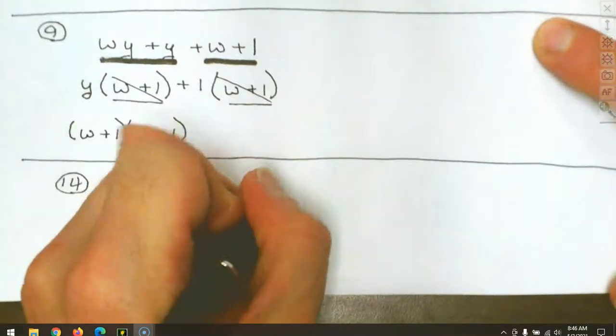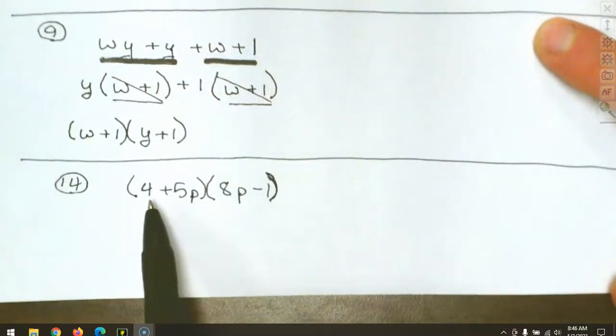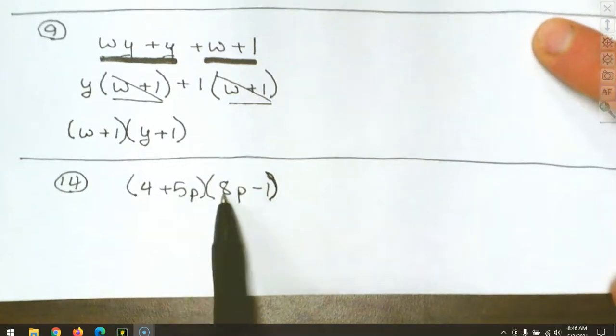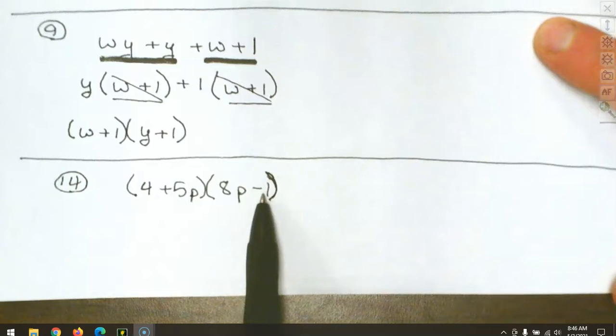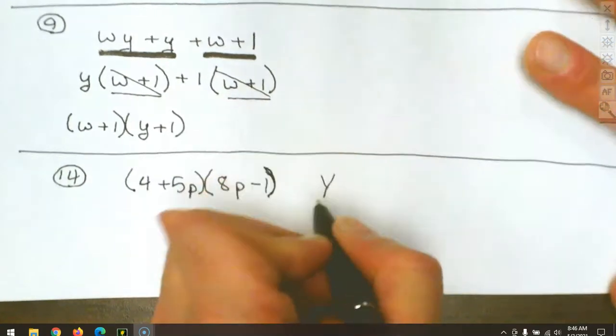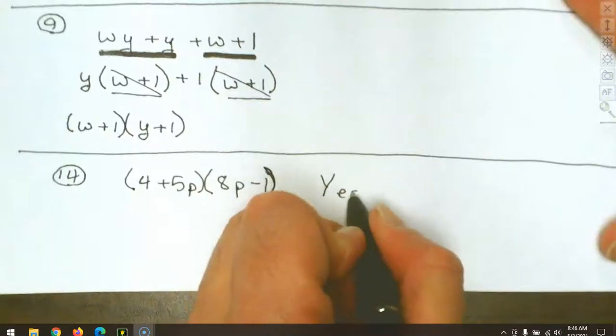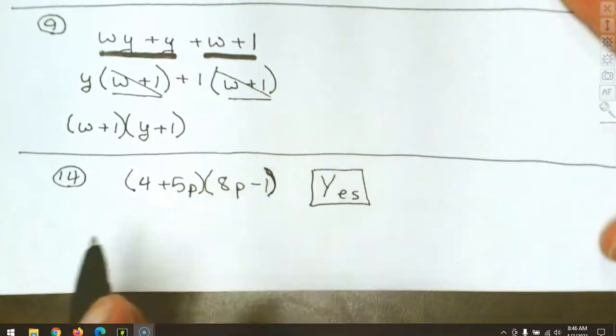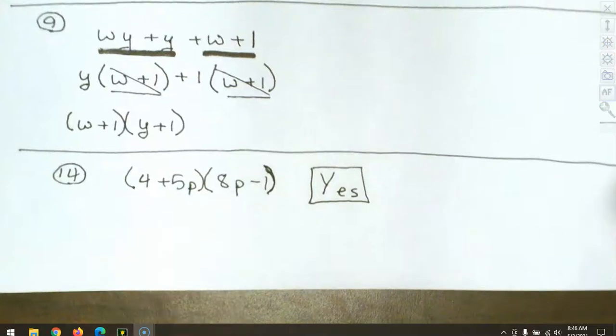We look at each group, each set of parentheses. 4 and a 5, do they have anything in common? No. 8 and 1, do they have anything in common? No. So has this been factored? Yes, this has already been factored. You just look at each grouping individually and see if pieces can come out.